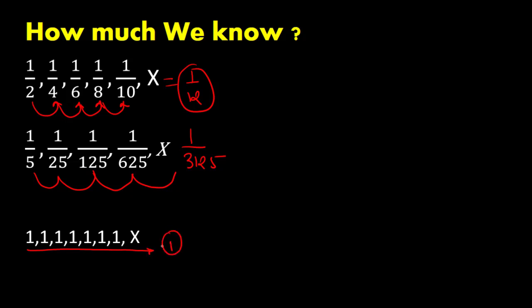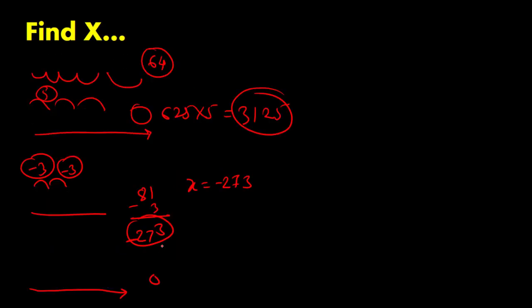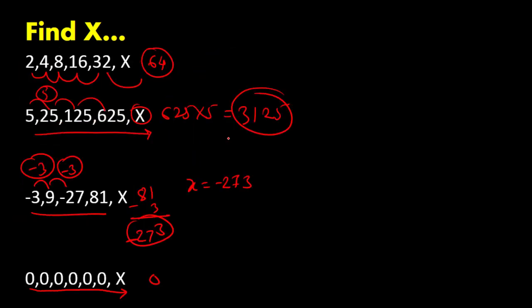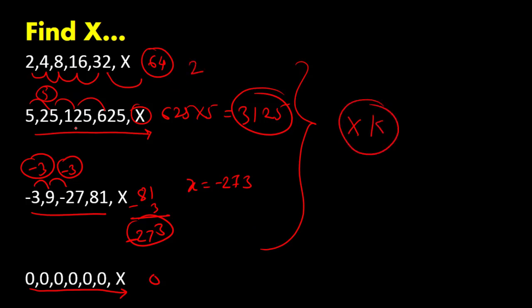So have you observed, I have taken 3 different sequences here. In the first, I have added some constant to all the numbers, in each and every question. In the next, I have multiplied by some constant: multiply by 2, multiply by 5, multiply by minus 3, multiply by 0.